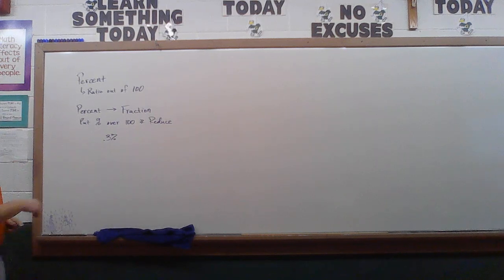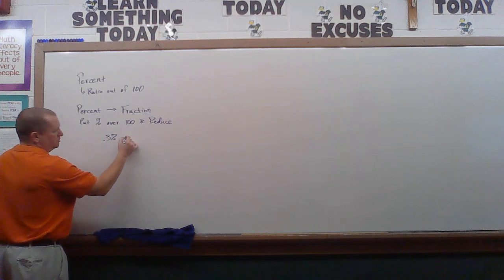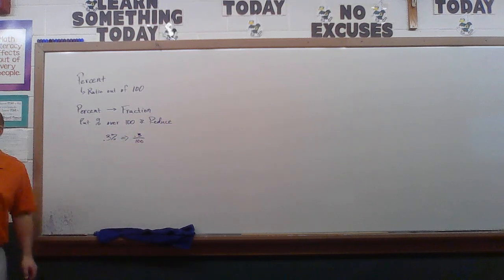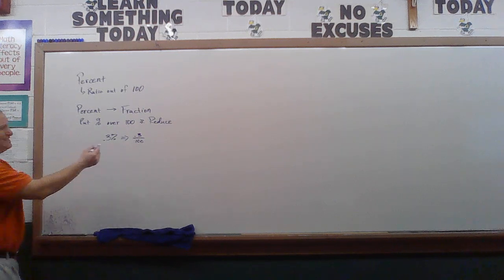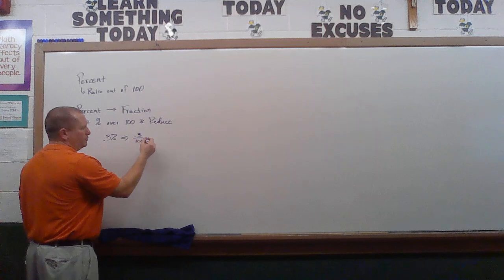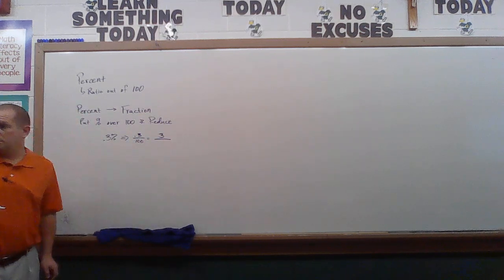So when you do this, we're still going to take that number and put it over 100. But we never want to have a decimal in our fraction. So we're going to move our decimal one place to make it into a whole number.